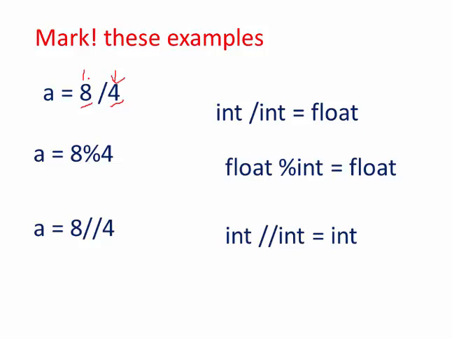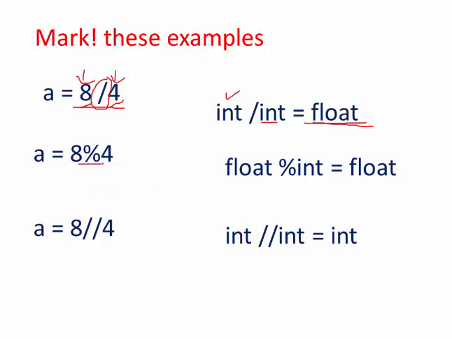As we have discussed earlier, if the two operands are integer, the resultant data type will be integer. But this operator is exceptional. This operator always gives you float type of data. This is a division operator, so int divided by int will always give you a floating type of number.